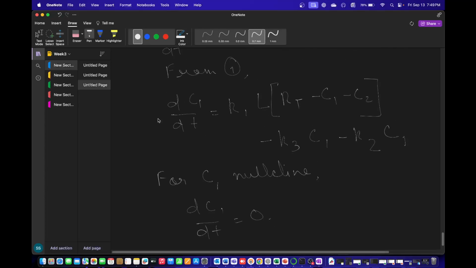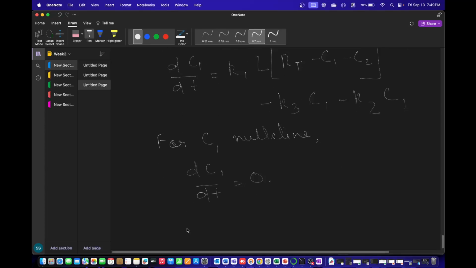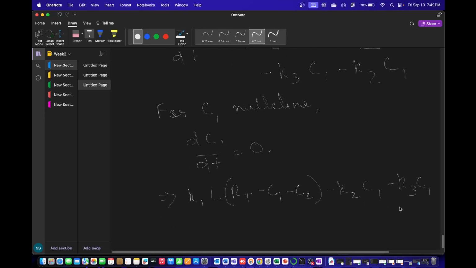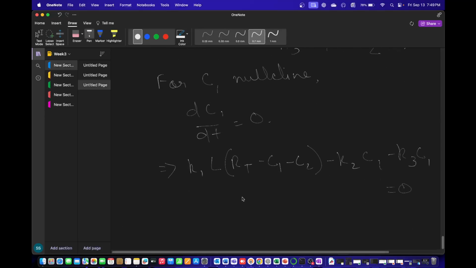Now you put this thing equal to 0. So this becomes K1 L (RT minus C1 minus C2) minus K2 C1 minus K3 C1 equal to 0.